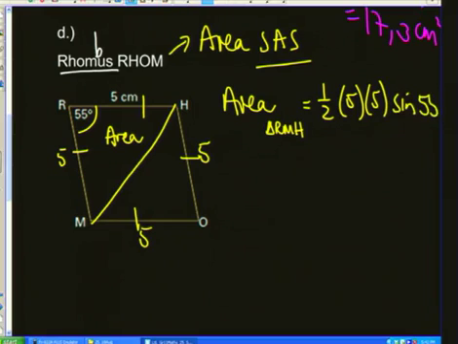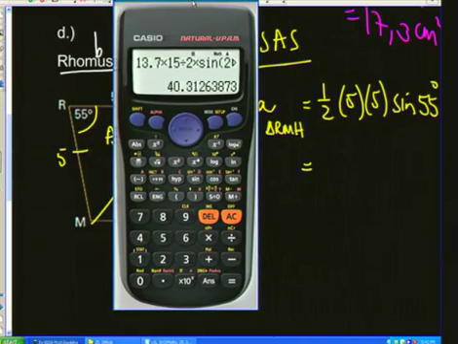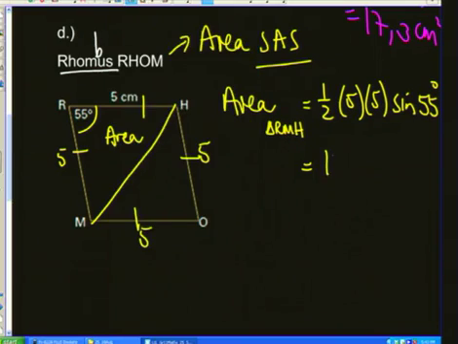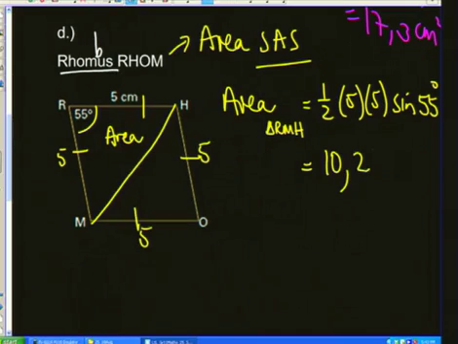Okay. And then we have our little machine that's going to help us work with sine. So we've got half of 25, so 25 divided by 2, and we're going to multiply that by the sine of 55. And we're going to get 10,239. And that is square centimeters.